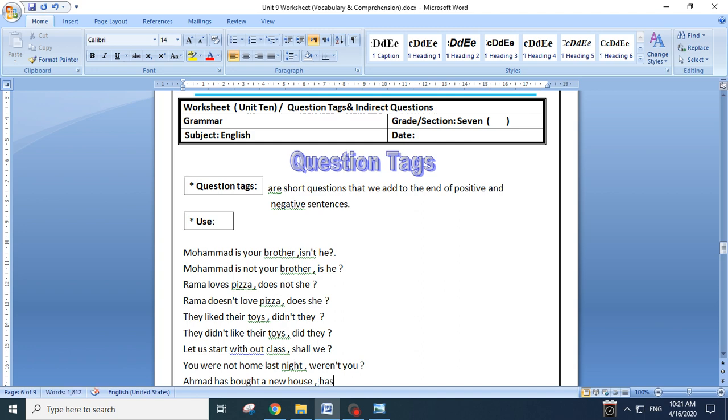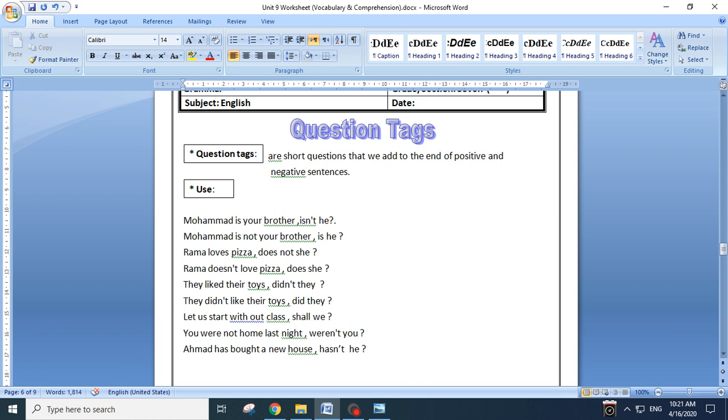Because the statement is positive, we have to use negative in the tag question: hasn't. The subject pronoun for Ahmed is he. Good. Okay, let me make it negative. Ahmed hasn't bought a new house, has he?